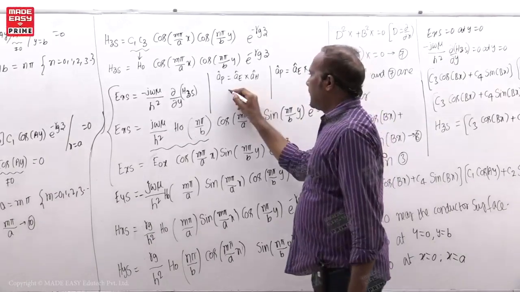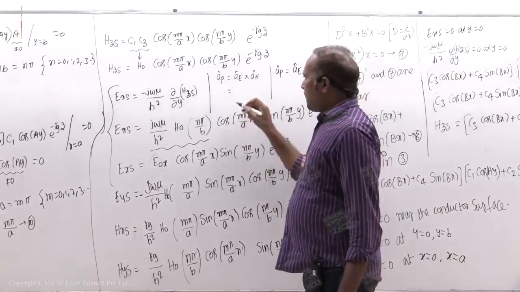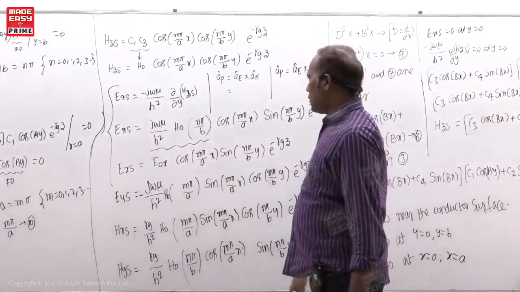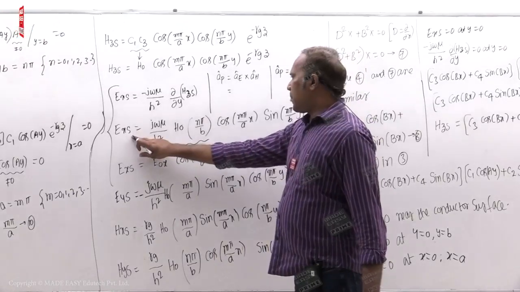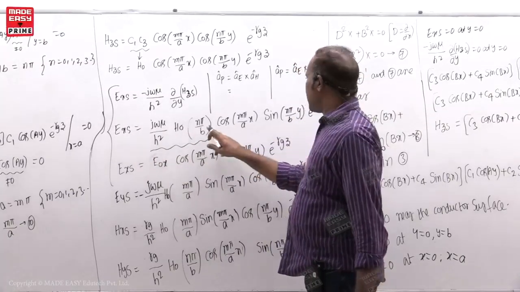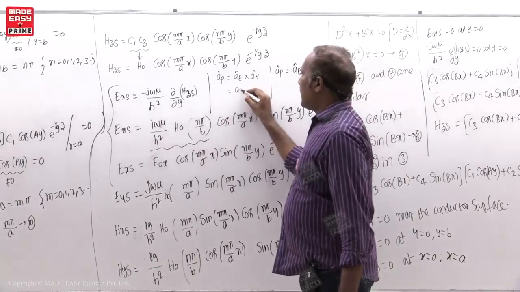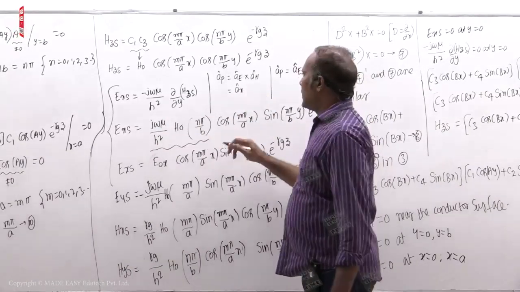Now let us see. Here electric field x component, can you see anywhere minus is there? No. That means electric field x component is ax cap, positive sign is there.